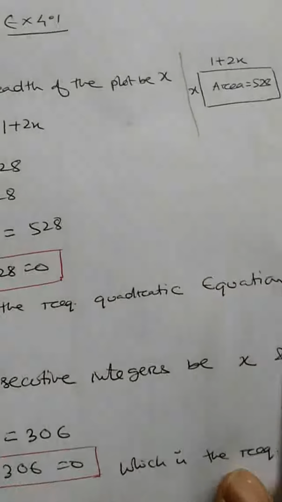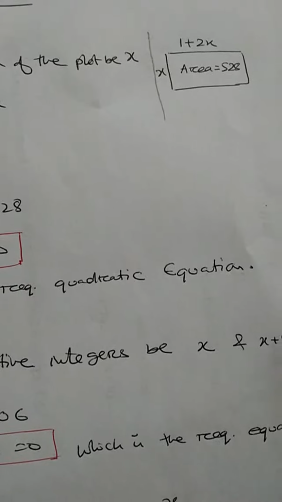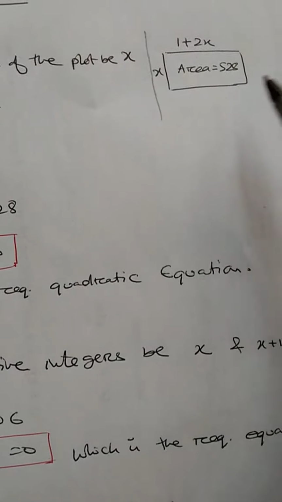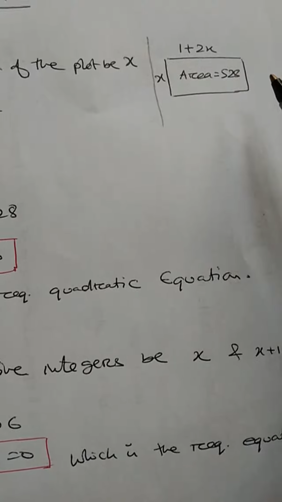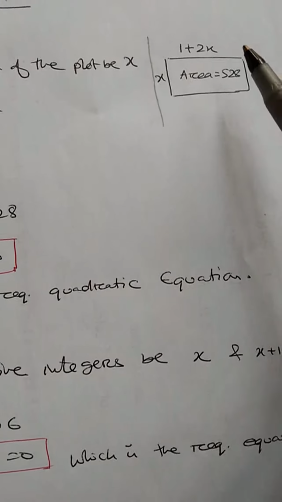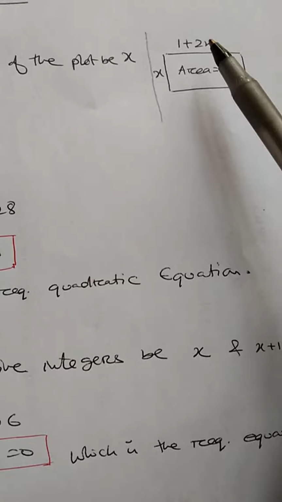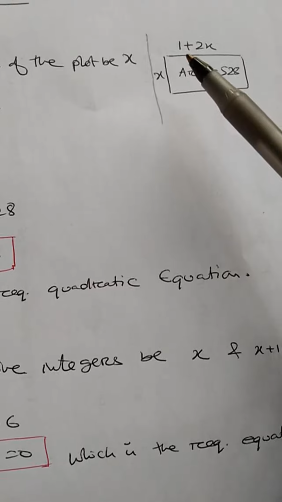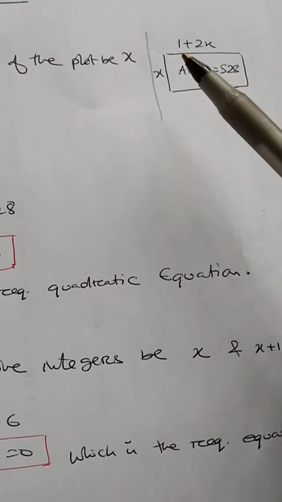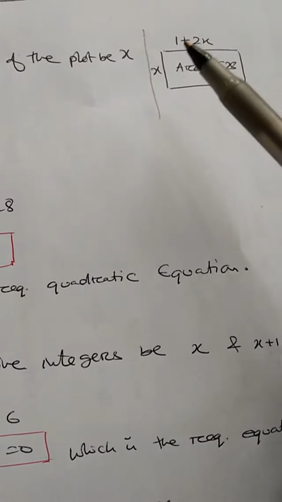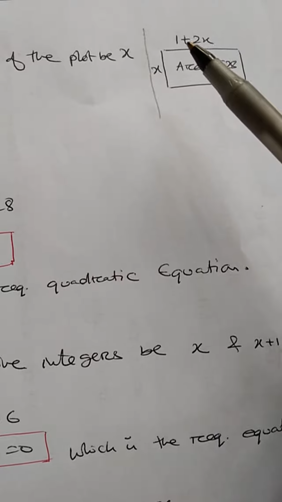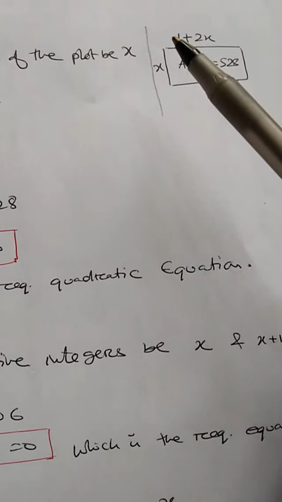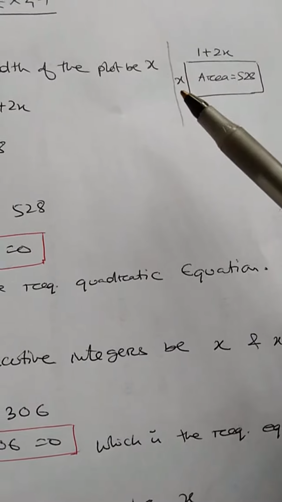The first question is related with area of a rectangular plot where area is given 528 and it's given that the length is 1 more than twice its breadth. It means if the breadth is x, then the length will be 1 plus 2 times x. So this is the length and x is breadth.